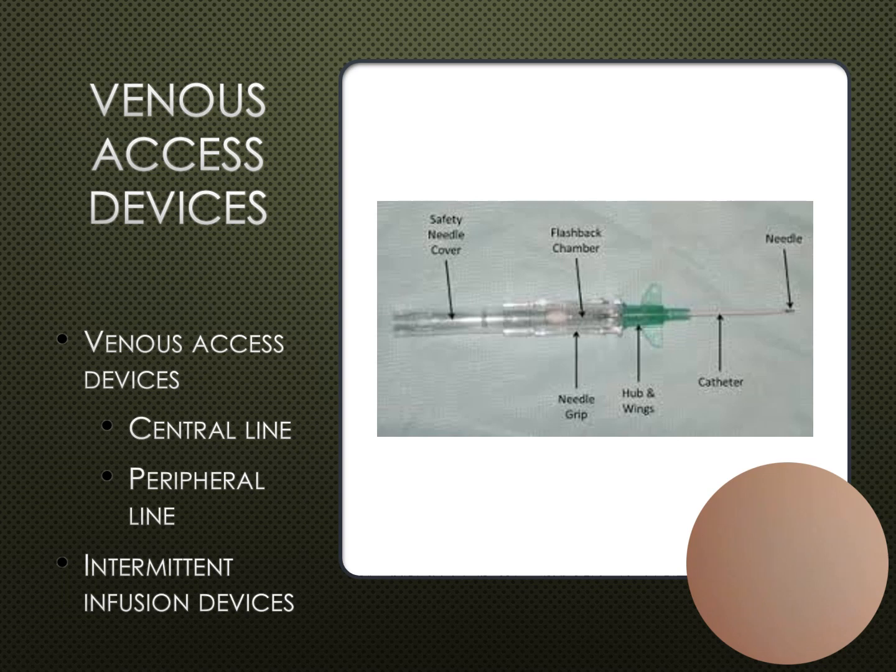With central lines, these are placed into large veins near the heart and are intended for long-term use, infusion of potentially caustic drugs or TPN, multiple concurrent infusions, CVP monitoring, which is central venous pressure, and or blood sampling. Central lines can allow for greater dilution of fluids and medications because they are larger blood vessels.